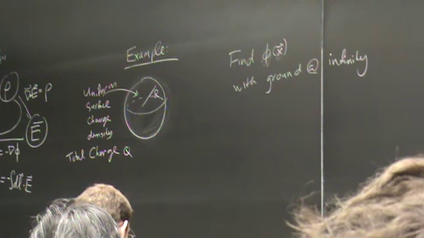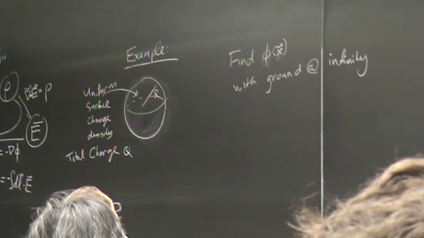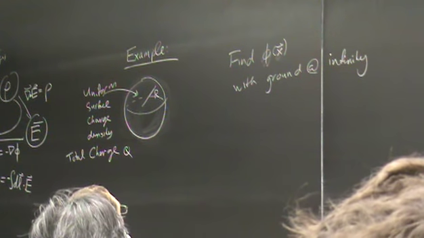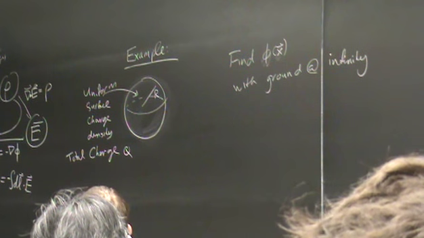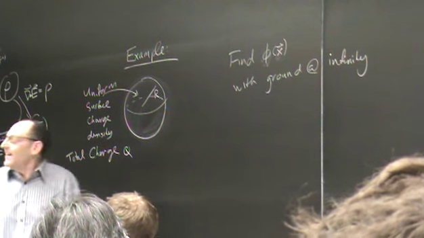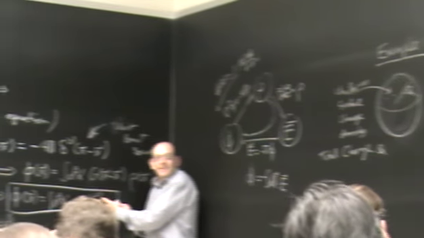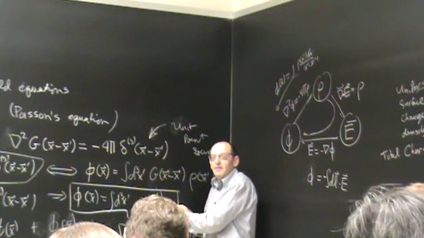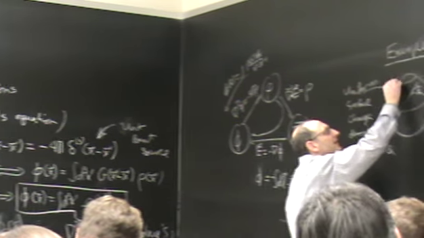You could use Gauss's law and then just integrate. Exactly. So in this case, I think in Griffiths, it's done. It's a nasty integral to plug in the charge density and integrate it. It's doable. We could break it up into little rings, right?